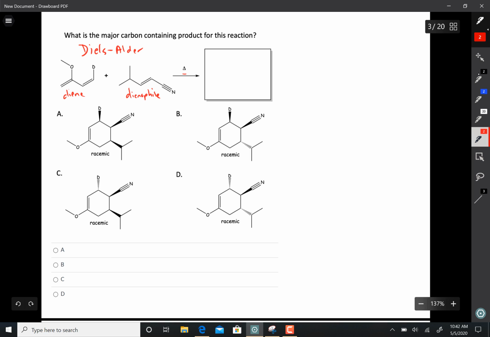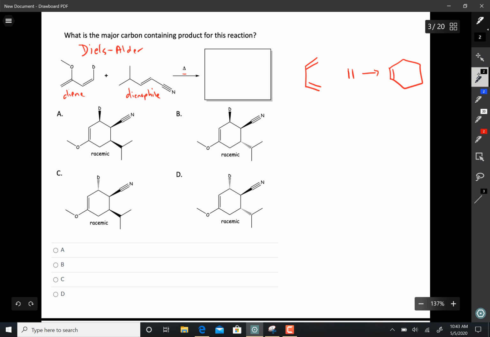In a Diels-Alder reaction, you react a diene and a dienophile to give a cyclohexene.